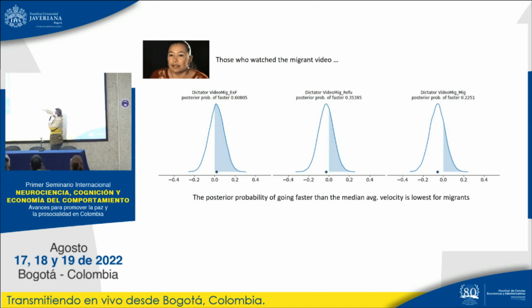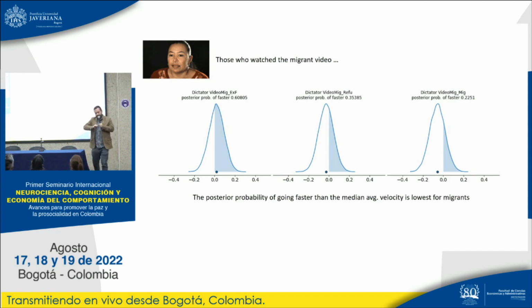If you see this shade, it becomes smaller and smaller. So what does that mean? It means that the video of migrants was more successful when people needed to make the transfer to migrants, in the sense that they hesitated. The probability to be faster than the mean speed was lower in the migrant video with migrants.